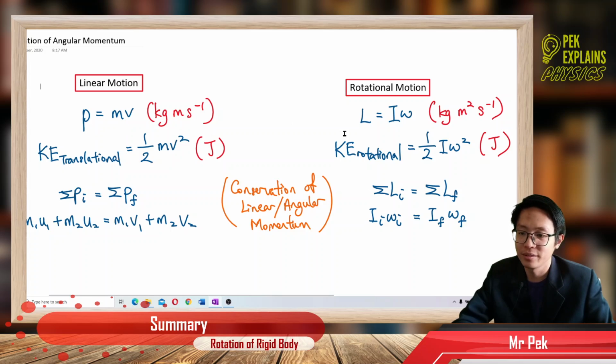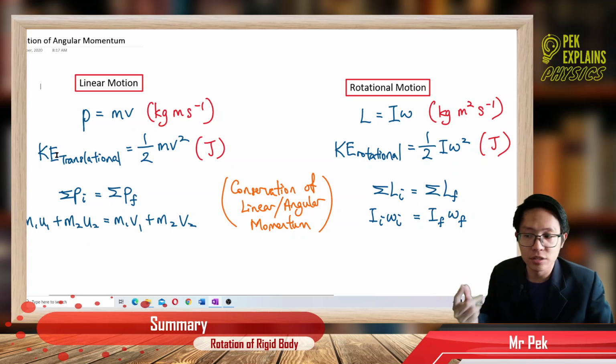P equals mv, so L equals I omega. They are equivalent. The unit for momentum is kilogram meters per second. For angular momentum, it is kilogram meter square per second.